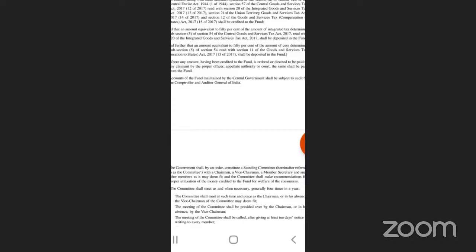The meeting of the committee shall be called after giving at least 10 days notice in writing to every member. So they'll conduct the meeting like this, and they'll see to it that the measures will be done and sent to the concerned party. So this is how a Consumer Welfare Fund is created and taken into account.